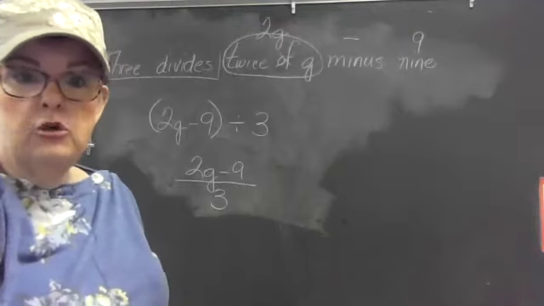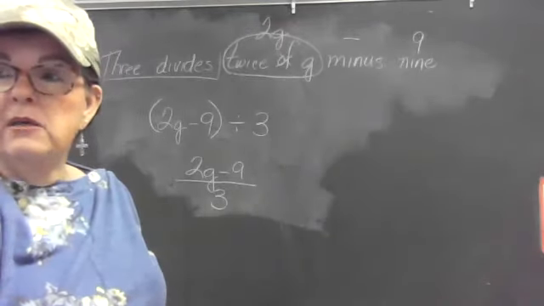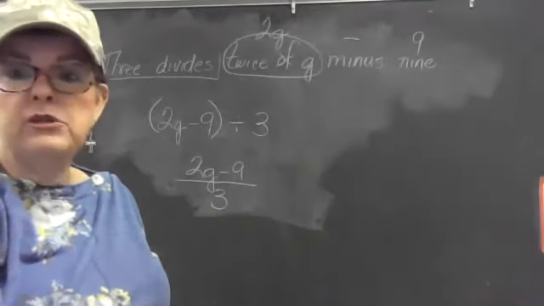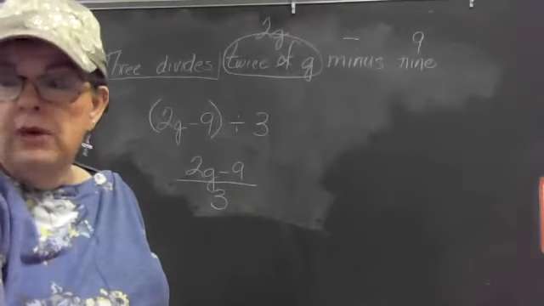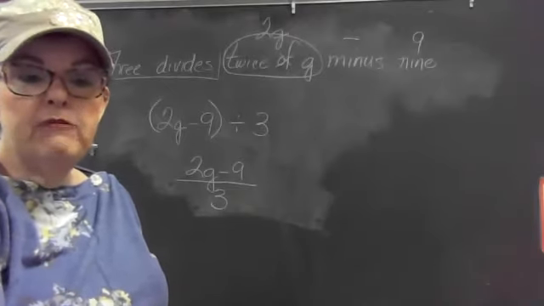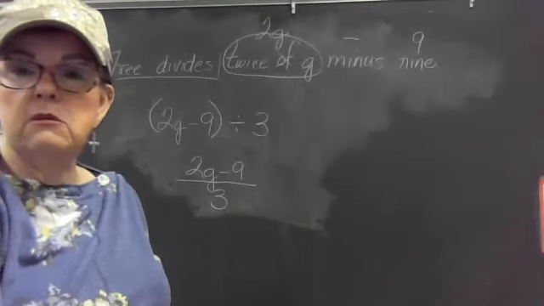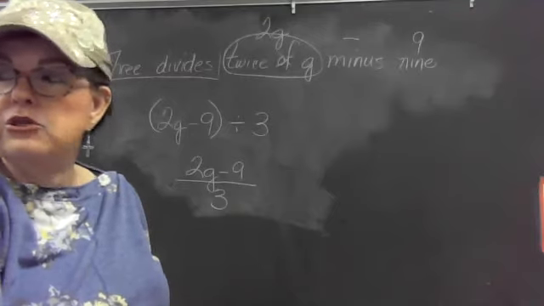If you're going to wait, you can wait on packet 2, 3, and 4. You can wait on those until way after the first of the year. I'll give you a heads up. But if you want to be ready for January the 4th, then print out the 2 emails that say order of operations and distributive property.